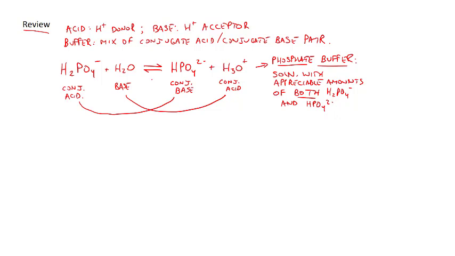Because this chemical reaction is an equilibrium, at equilibrium the concentration of nothing is going to be changing, and so we will have a certain fixed amount of the two different forms of our phosphate.